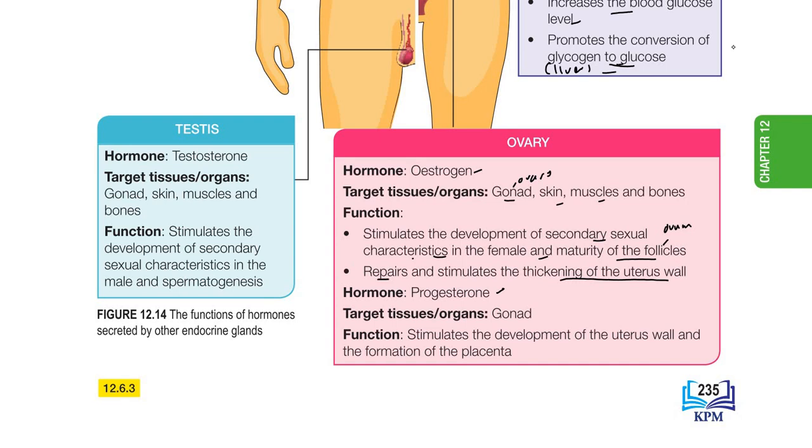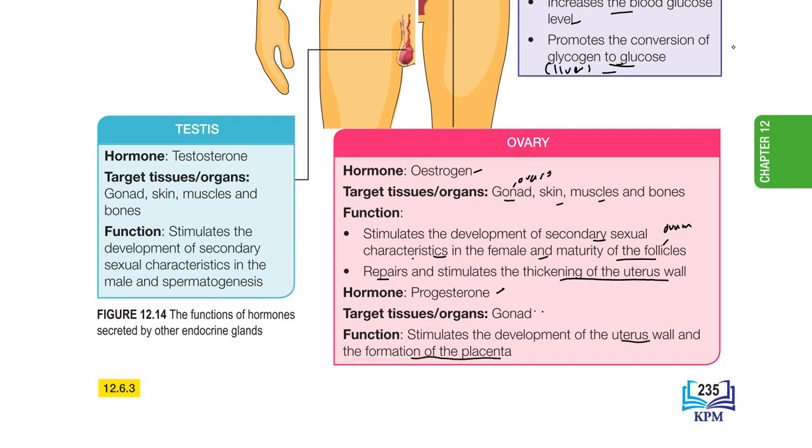And then next we have progesterone. The target tissue organ is the gonad, meaning testis or ovary, in this case the ovary. So it stimulates the ovary and whatever is related to the reproductive organs. So we have the ovary, the uterus, the fallopian tube, right? It stimulates the development of the uterus wall and the formation of the placenta.